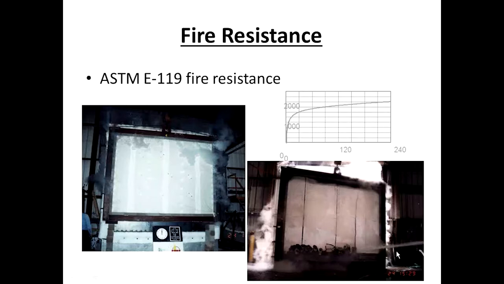And that hose stream is at a specific distance and a specific pressure. And the technician will take that hose and just walk it back and forth, side to side, up and down that wall for a prescribed amount of time. And if water protrudes beyond the plane of the wall, that constitutes a failure.